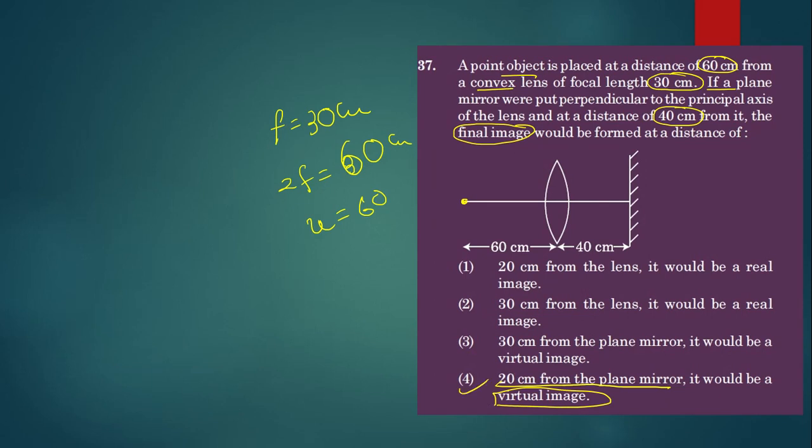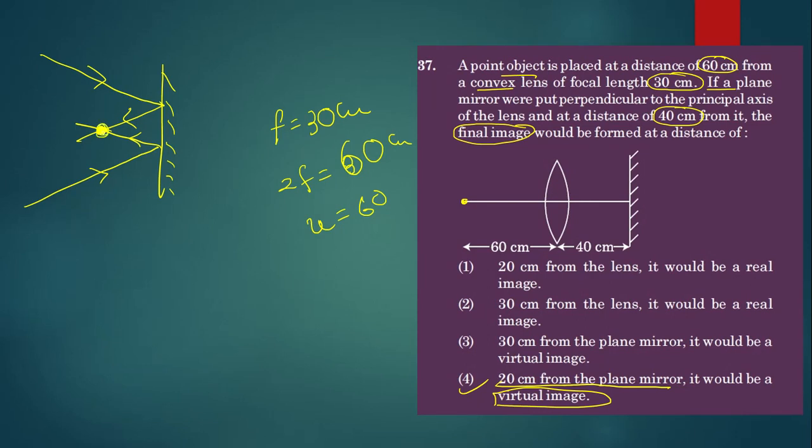Now in this particular problem, we have learned something. We know that a plane mirror always forms a virtual image, right? But we realize that if somehow converging rays of light fall on a plane mirror, then after reflection, real rays of light will intersect. Then at this intersection, a real image will be formed. It is possible.